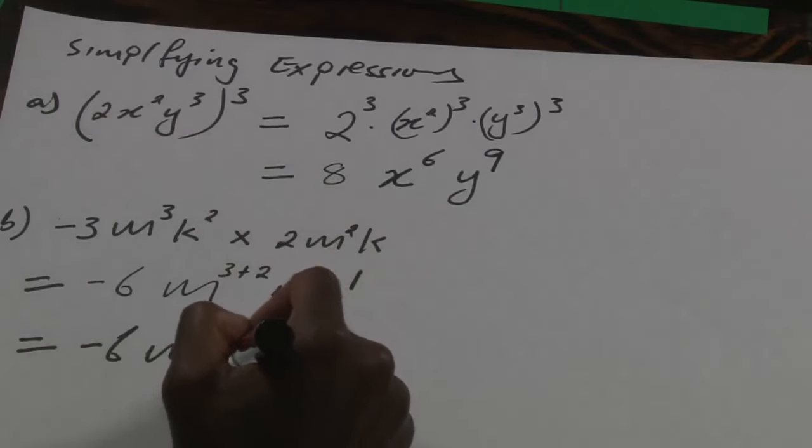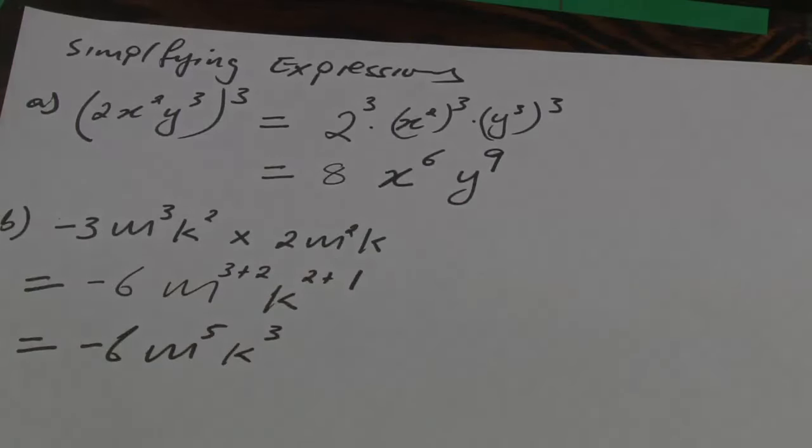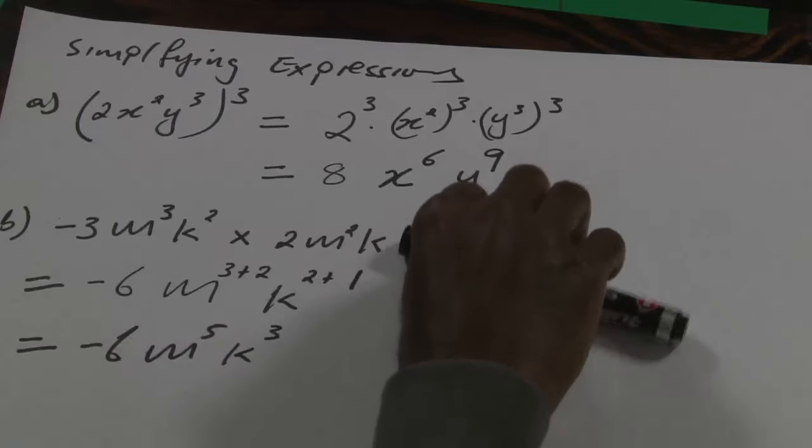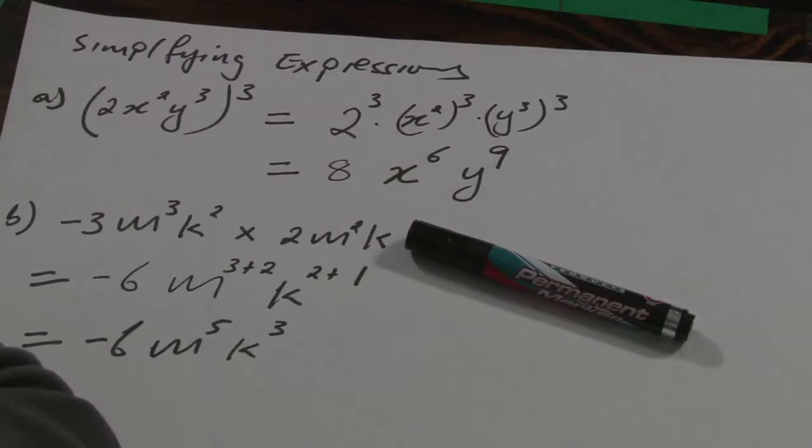And then k to the power of 2 plus 1, which is k to the power of 3. And again, you are done. Your expression is now in a much simpler form than it was in the given form. So again, we are just using the laws of exponents to simplify our expressions.